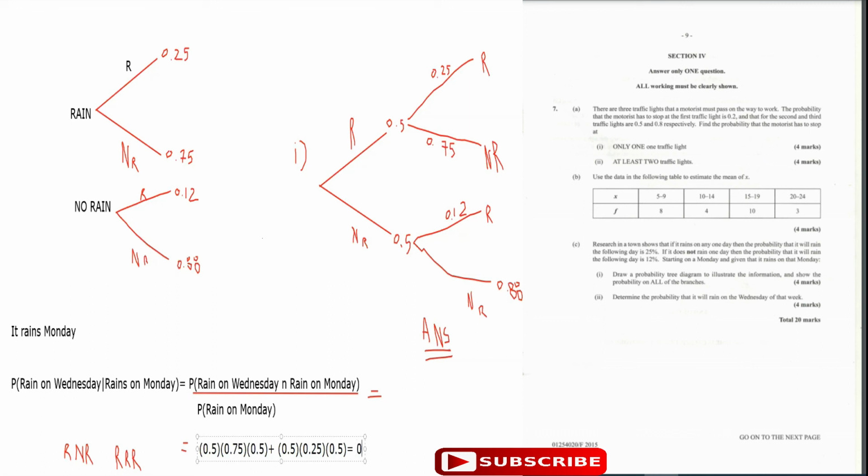I'm getting 0.25. So there's a 25% chance it will rain on Monday and rain on Wednesday.